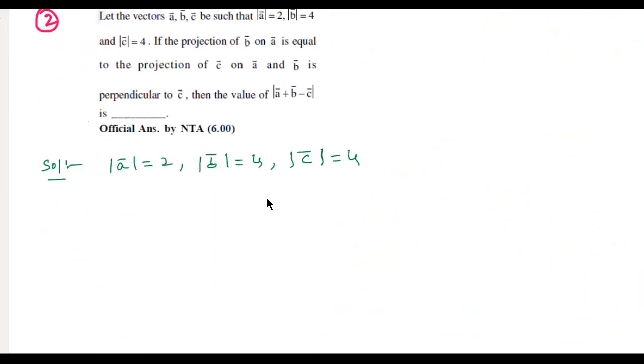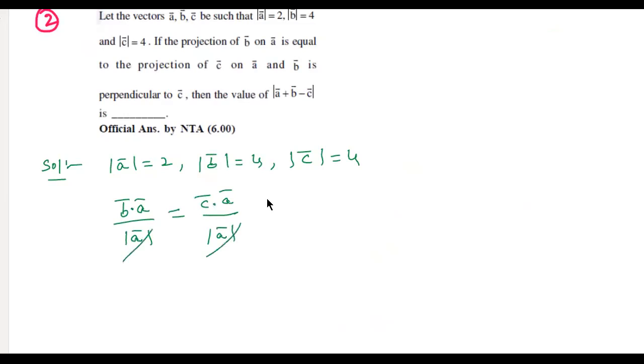Projection of b bar on a bar is equal to projection of c bar on a bar. Projection of b bar on a bar formula is b bar dot a bar by mod a bar, that is equal to projection of c bar on a bar, c bar dot a bar by mod a bar.